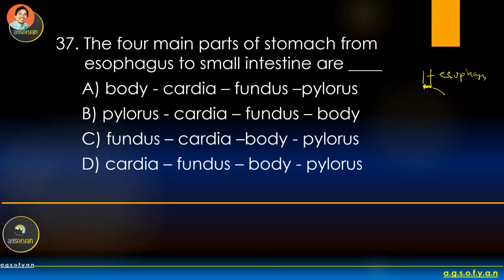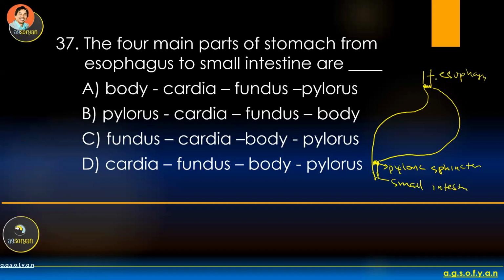It's connected to the stomach. And then at the end of the stomach, there is another sphincter. It's called the pyloric sphincter. And this sphincter connects the stomach with the small intestine.